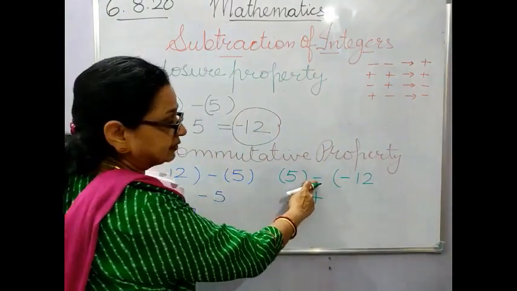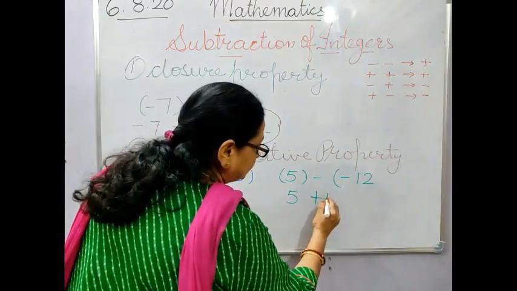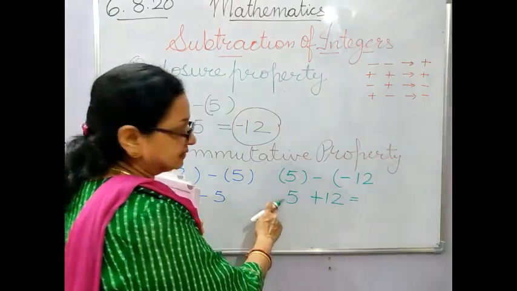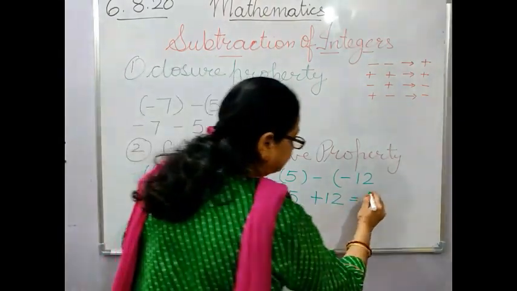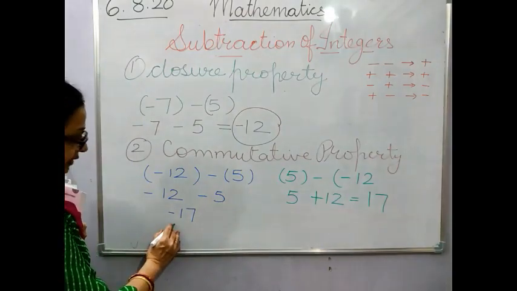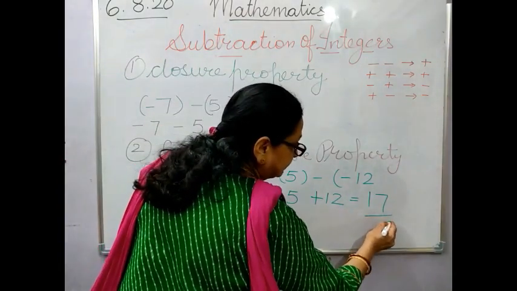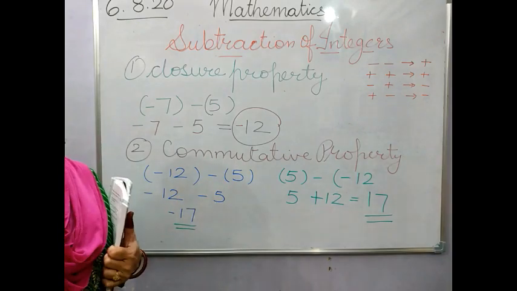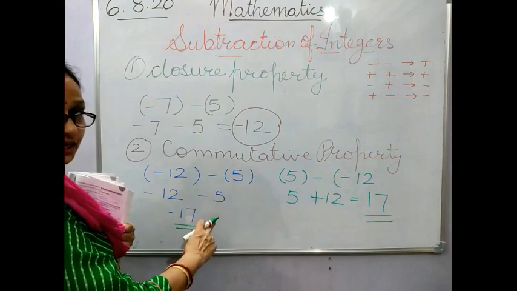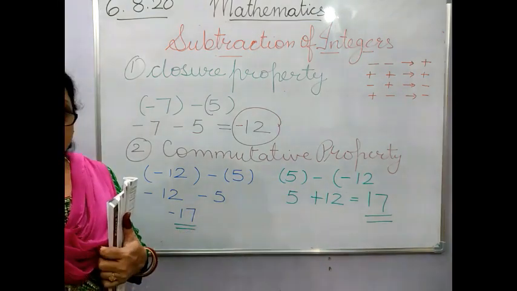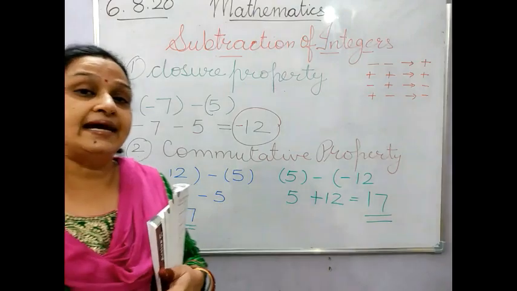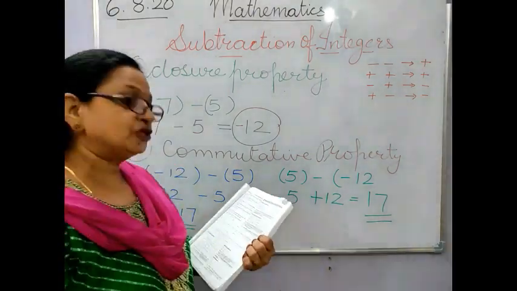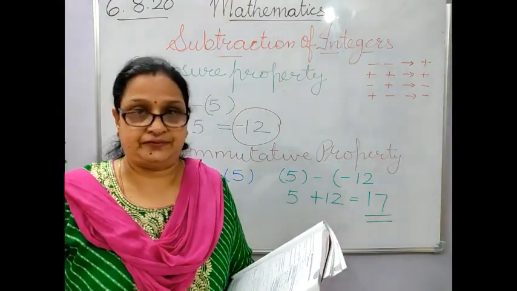When it is minus outside the bracket, the inside will become plus, so it will be plus 12, and your answer is, see, both the signs are same, so we will add. 12 and 5 is 17. Now see here it is minus 17 and here it is 17. That means it is not commutative. If I have changed the order, then there is a difference in the answer. Although the difference is only of the sign, it's a big difference. So it proves that subtraction of integers is not commutative.